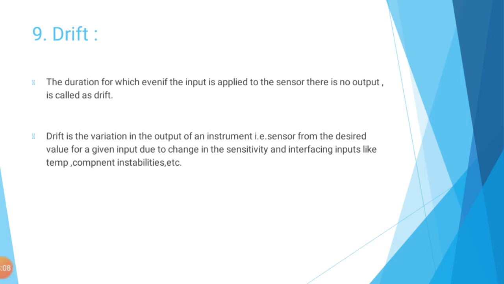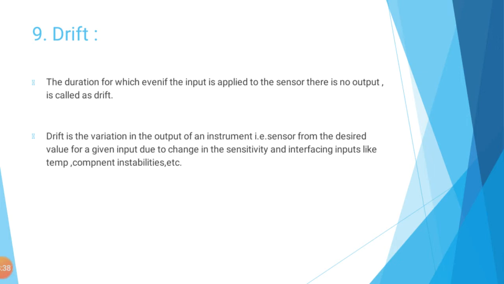That is, drift is the variation in the output of an instrument, that is the sensor, from the desired value for a given input, due to change in sensitivity and interfering inputs like temperature, component instabilities, etc. This is the variation or deviation in the output of the instrument because of some parameters, that is temperature, humidity, component instability.